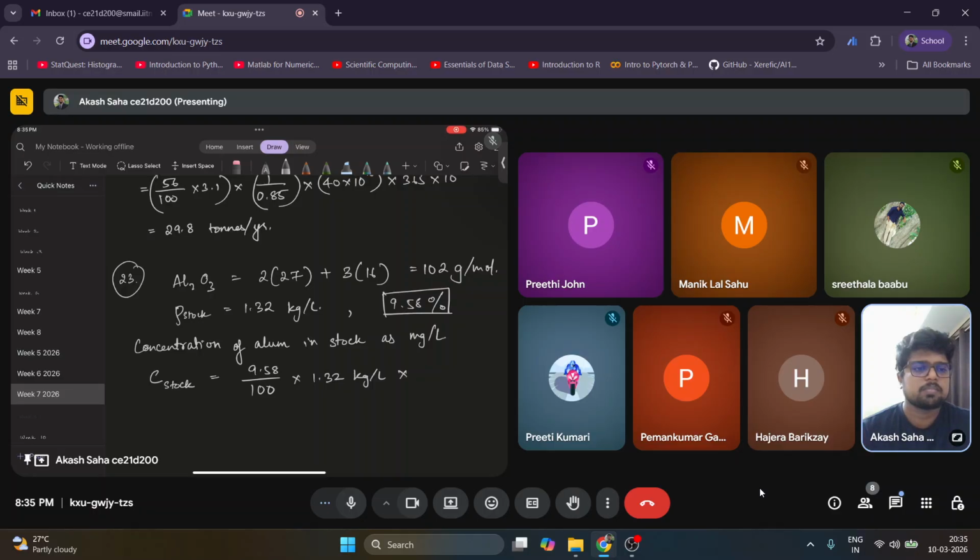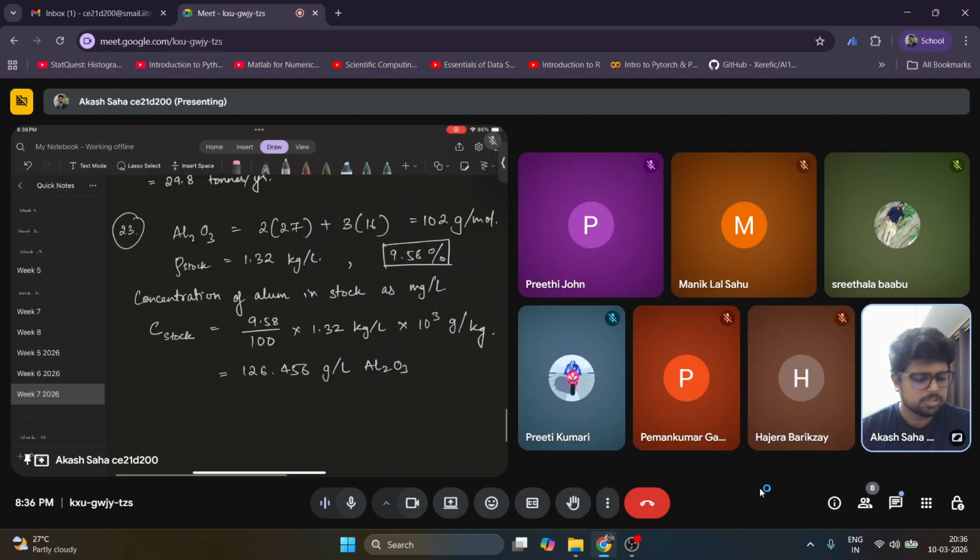We just have to convert gram to kg because it is given in kg. So it will be 126.456 gram per liter of Al2O3. Generally the density is 1.32 kg per liter, but it is only a 9.58% solution, so we just multiply it and we get the value. That's how we will report.